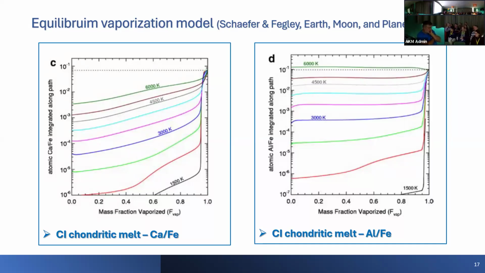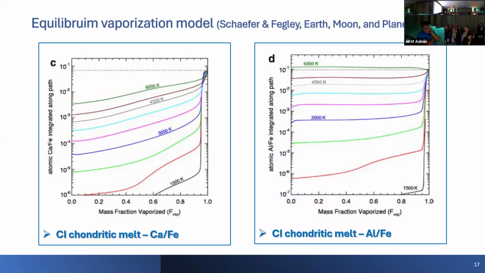And in case of meteor spectra, at higher altitudes, we typically observe very strong sodium lines compared to weaker iron and magnesium lines. However, at lower altitudes, we observe that these lines become stronger.